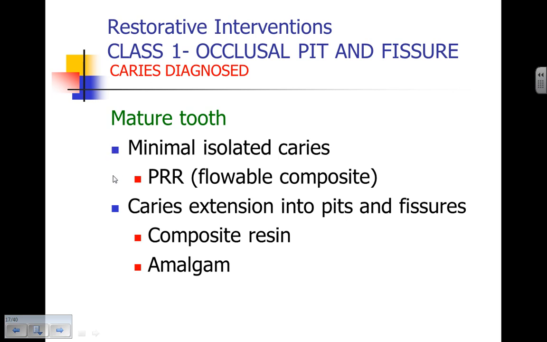We're etching the entire occlusal surface, placing an adhesive and a flowable composite for a preventive resin restoration. The more extensive carious lesion into the pits and fissures, our extension for prevention will be a more conventional cavity preparation design, fulfilling the requirements for cavity preparations for a filled composite, a nanohybrid, or for an amalgam restoration.